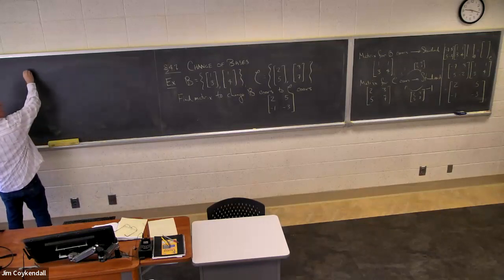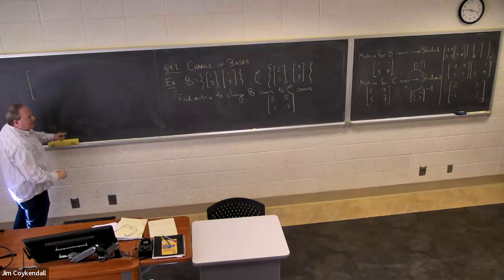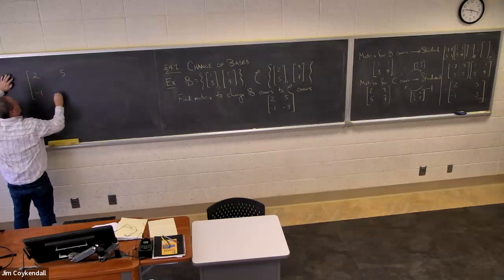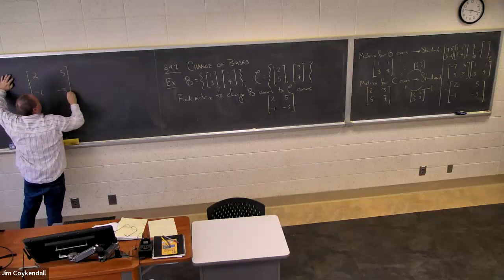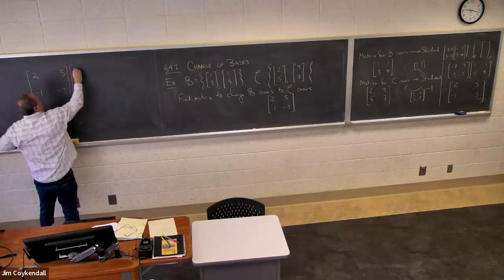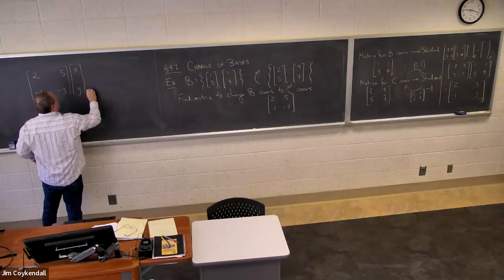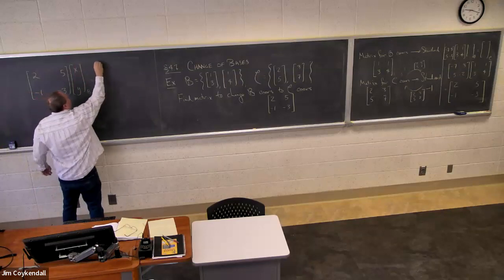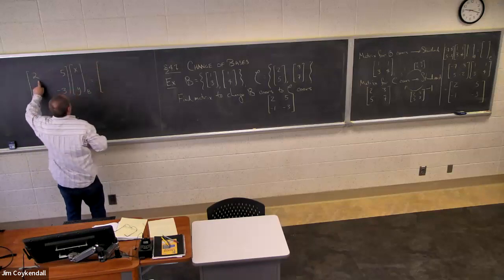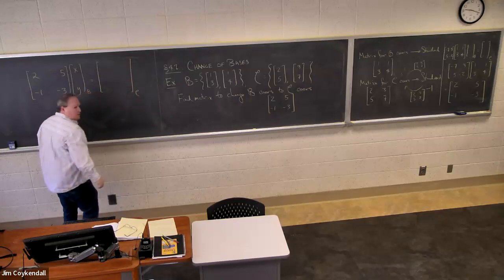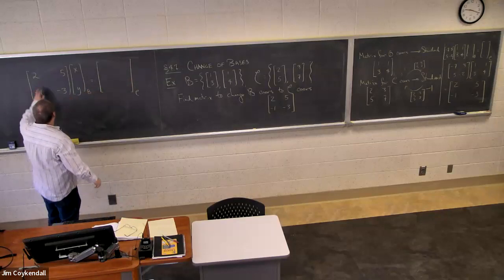So if I'm right, what should happen is this matrix here, 2, 5, -1, -3. When you input, say, X, Y in B coordinates, you should get the correct thing in C coordinates. And what does this matrix do?